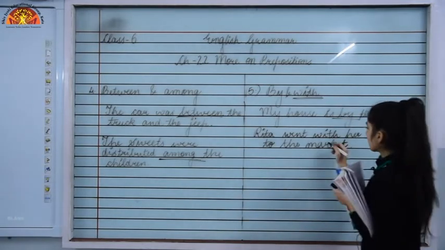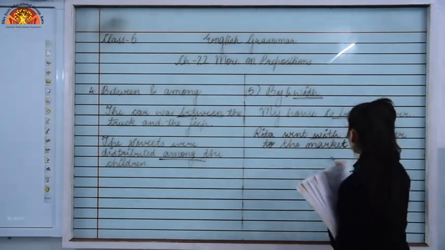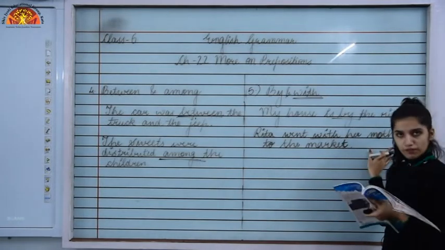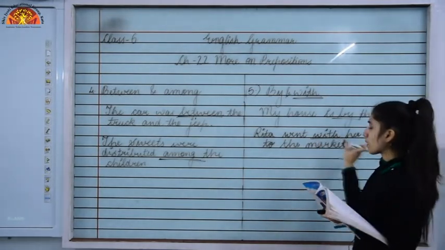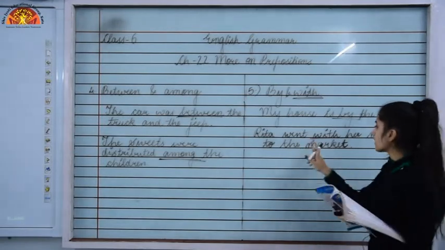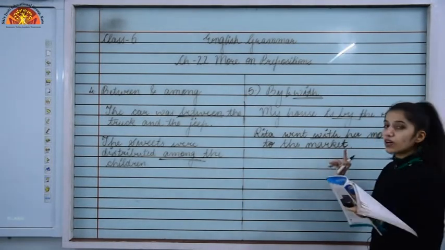Okay, so what we have used? We have used with because it's showing us the company of someone. Okay, with is showing the company of someone over here, that Riya went with her mother to the market.